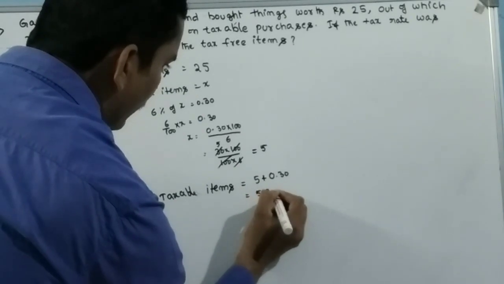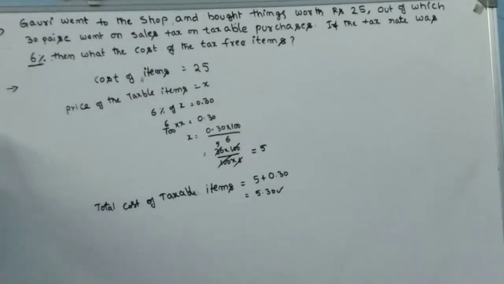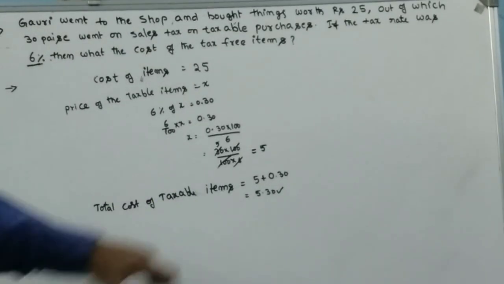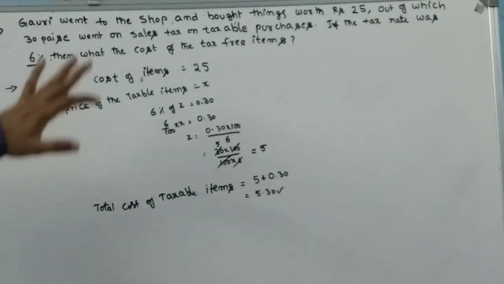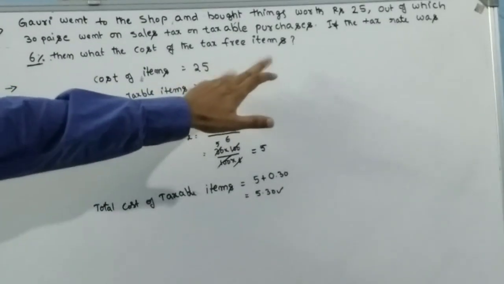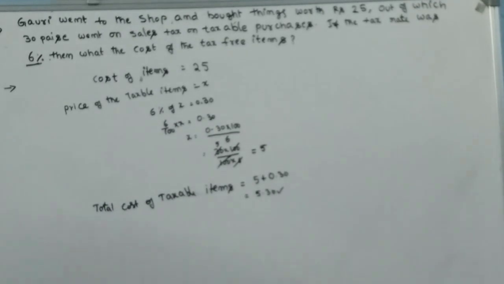That 5 rupees 30 paise he is paying towards the taxable items. So friends, what he is asking is the cost of the tax-free items, that means without tax. How much amount is he paying towards the items where there is no tax?